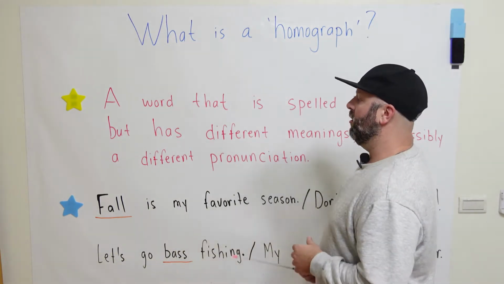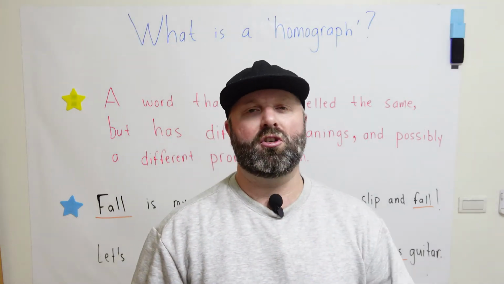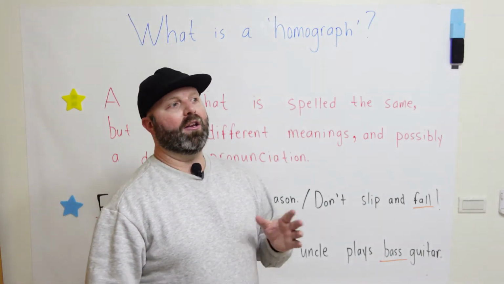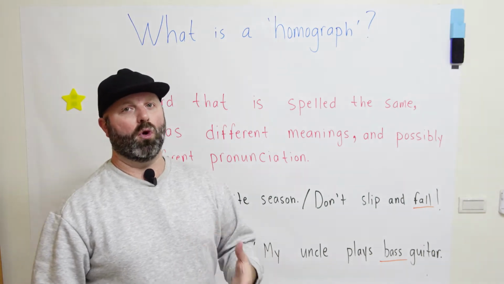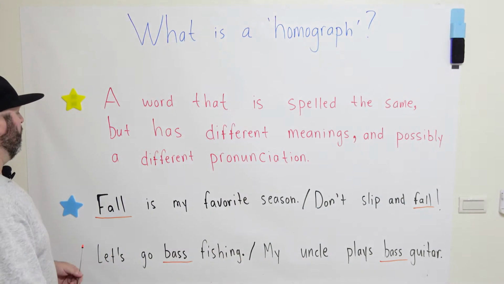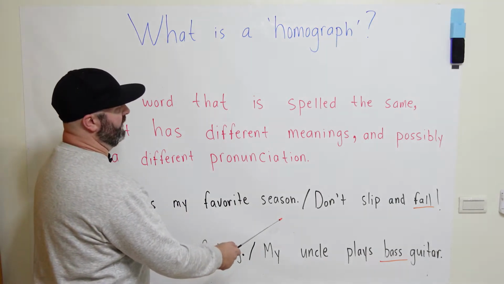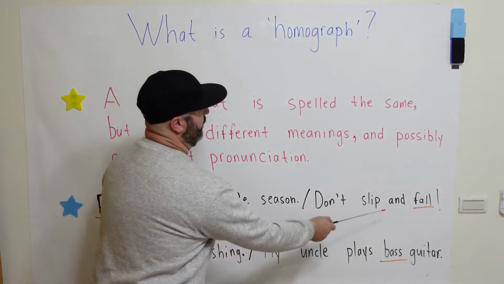Now, I want to look at 2 examples here. One, the pronunciation of the word is the same, and the other one, the pronunciation of the word is different, okay? So let's look at the first example here. So we could say, fall is my favorite season. Don't slip and fall.